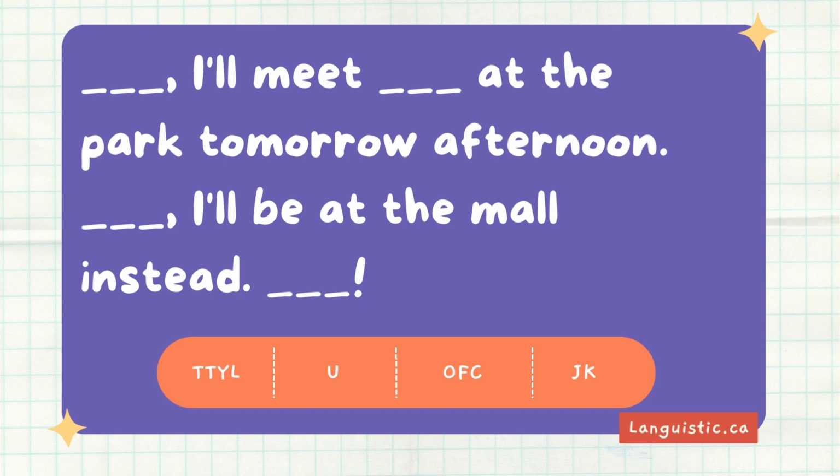Blank, I'll be at the mall instead. Blank. These are the words that you have to place: TTYL, U, OFC, and JK. Place the words in the right blank space. You can pause the video for some extra time as well.